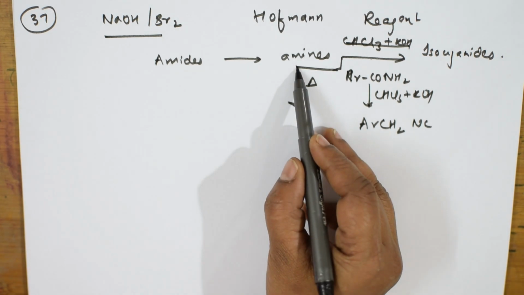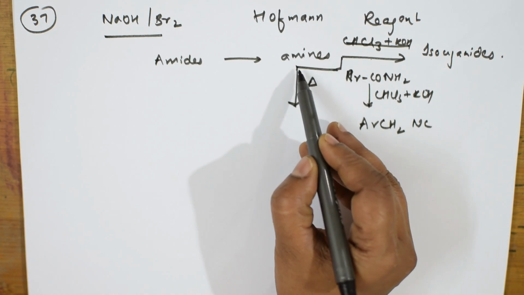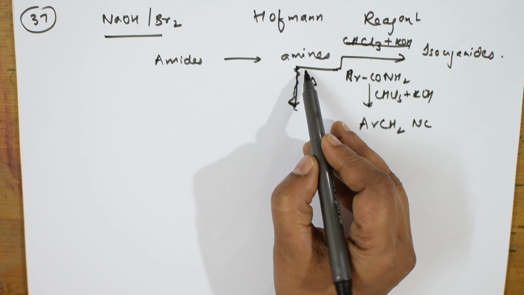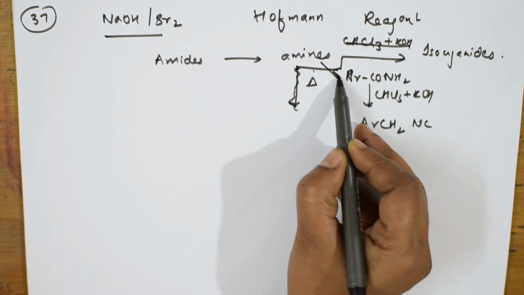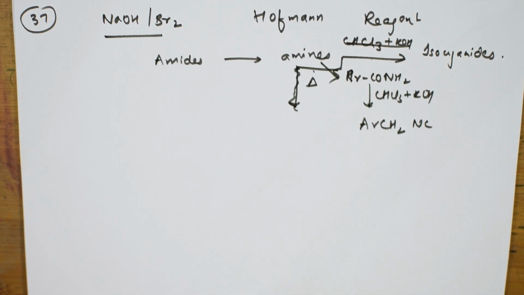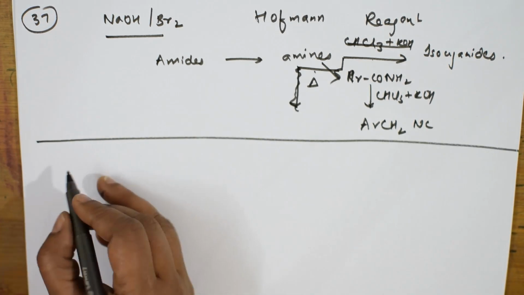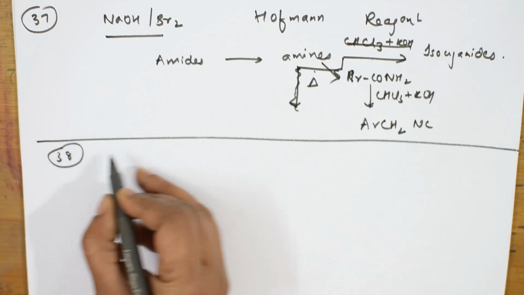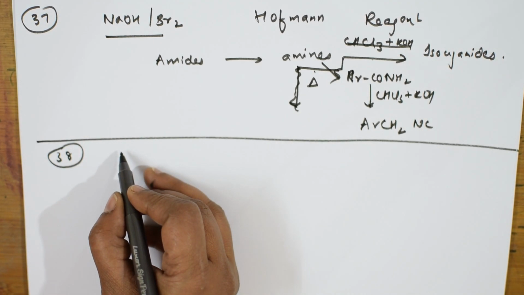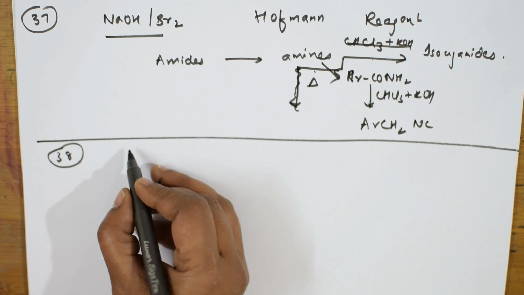This is the thing. Amines are getting converted into aromatic amines, and then further treatment with CHCl3 gets converted to isocyanides. This is Hofmann reagent.